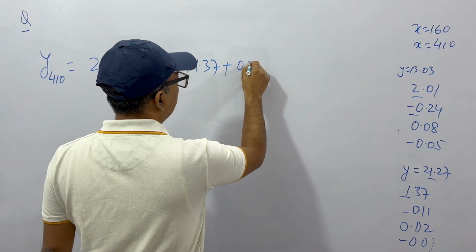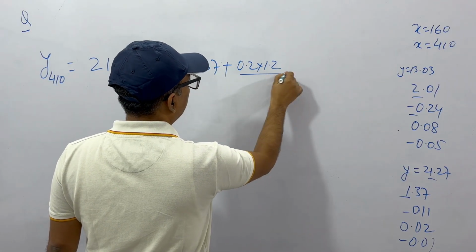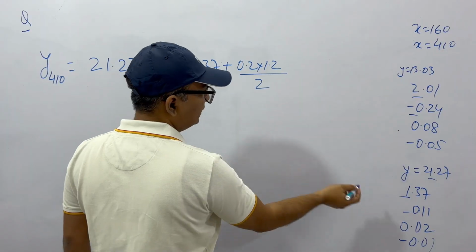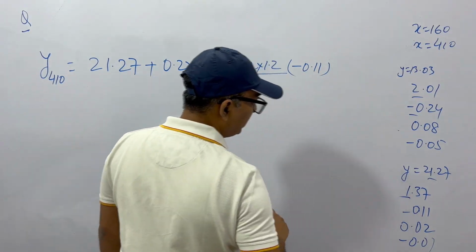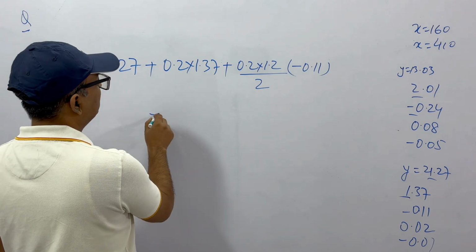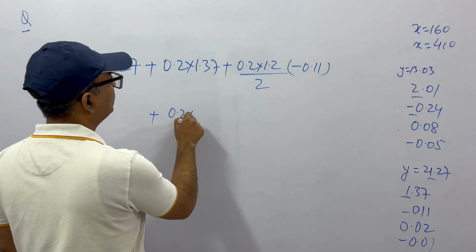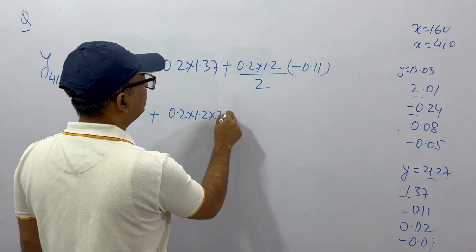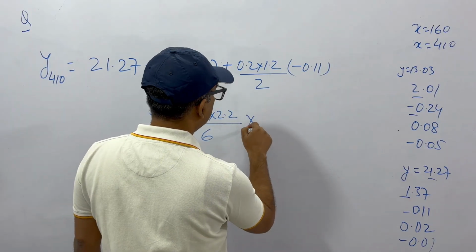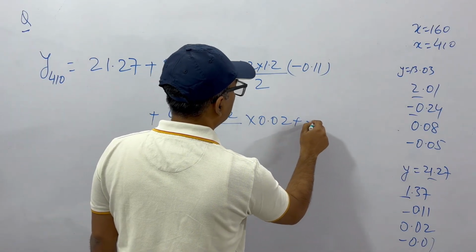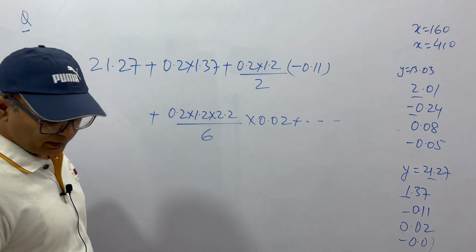So this is 0.2 into 1.2 by factorial 2, second difference, that is minus 0.11. Then the third one will be 0.2 into 1.2 into 2.2 by 6 into the next value, 0.02, and so on. Let's see the values.